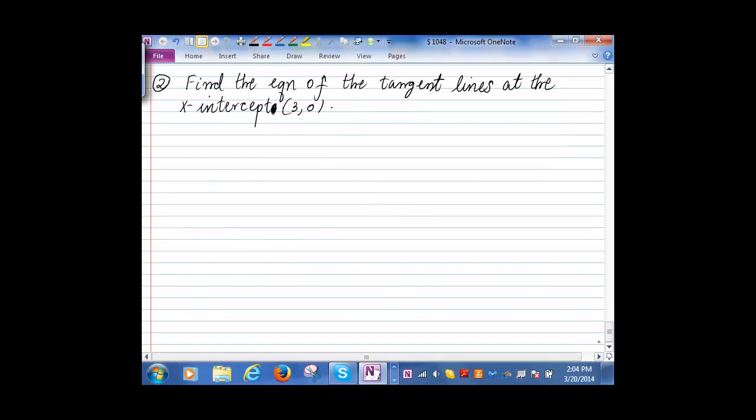How do I find the slopes? Well, the slope is given by dy dx, and I have to evaluate it at what time?